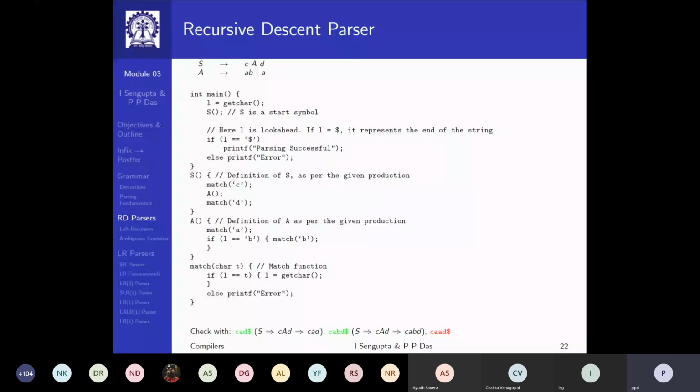Eventually, when L becomes $, you remember our convention that input is always terminated by the $, to make it easy to understand that the input has ended. When the look ahead becomes $, we have consumed the whole input.